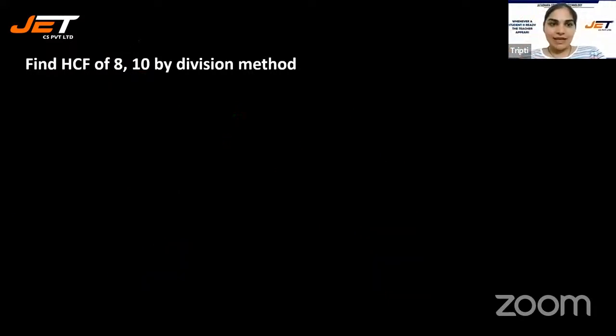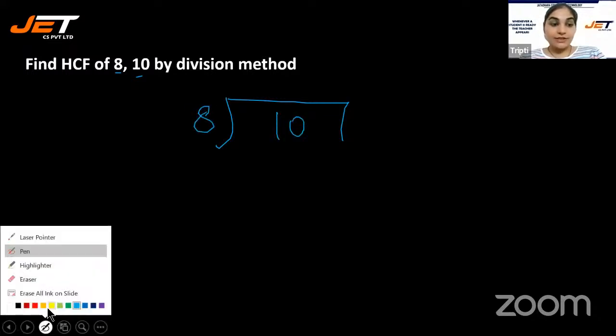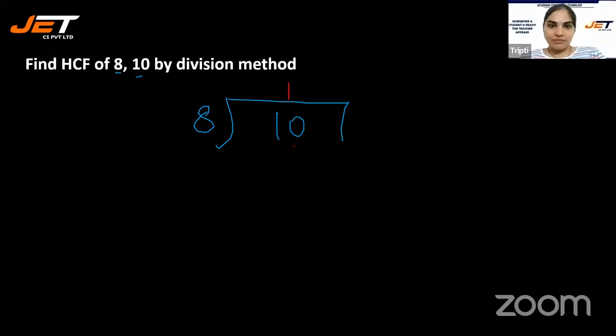Let's see. HCF of 8 and 10. 8 is smaller than 10. So 8 will be the divisor. 10 will be the what? Dividend. 8 times 1 is 8. 2 as the remainder. Now this 2 will become the divisor, and the divisor which was earlier, that is 8, will become the dividend now.